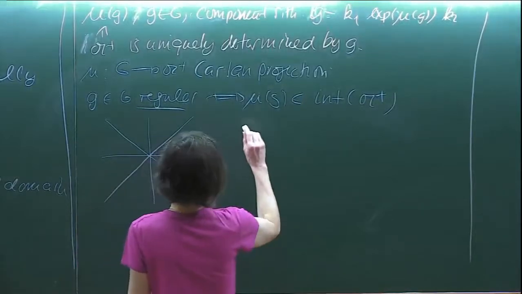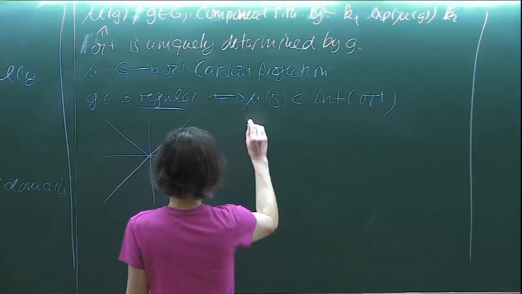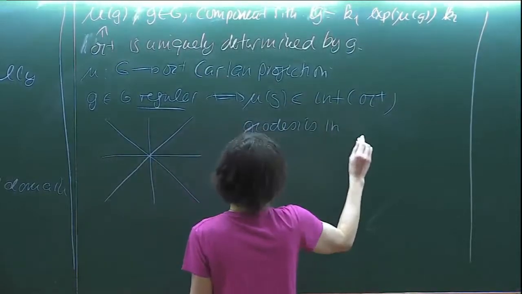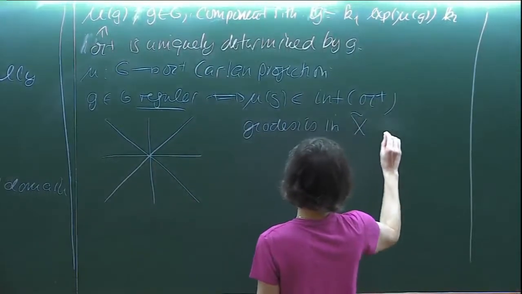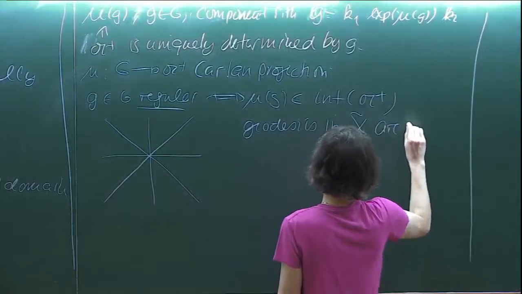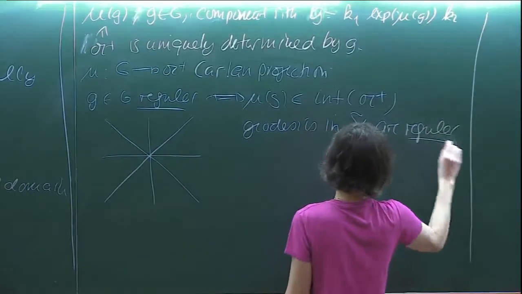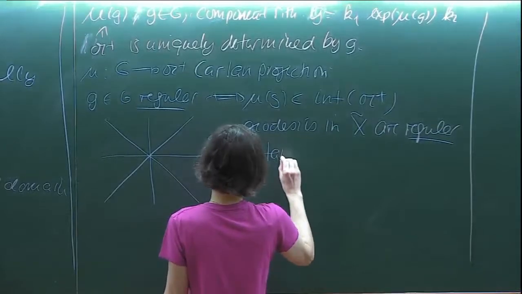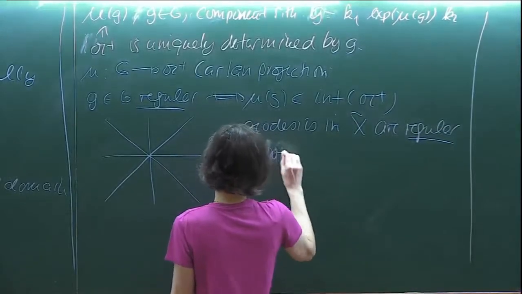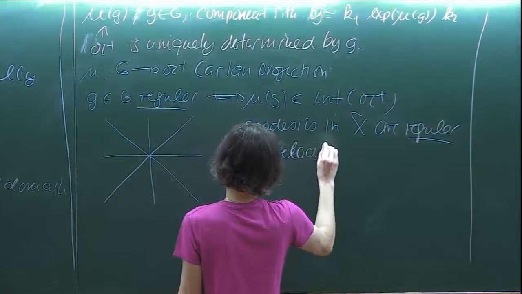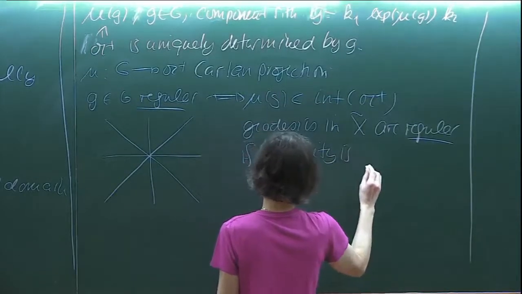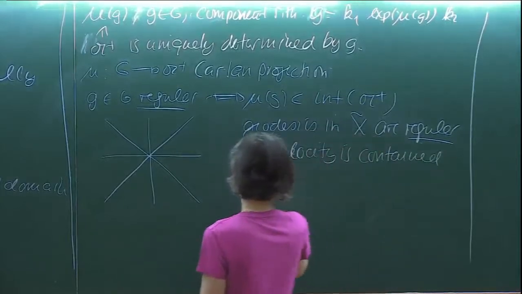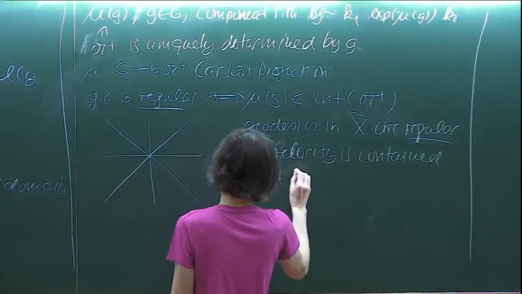And the fact is that geodesics in X twiddle are called regular if their tangent, their velocity, is contained in the interior of A plus.